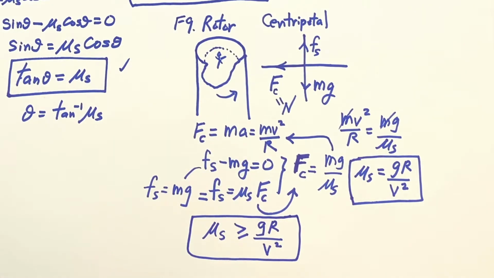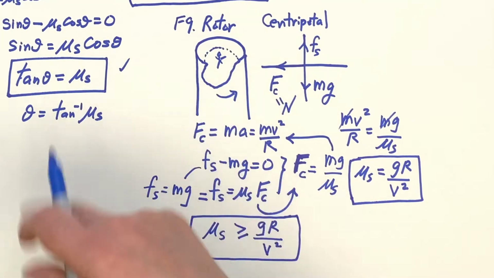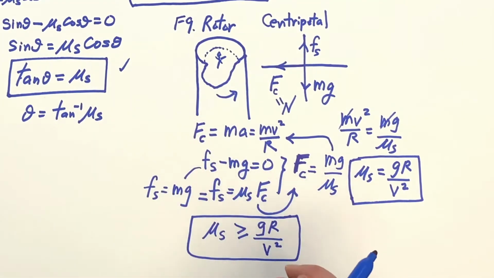Notice that this result doesn't depend on the mass, which means it happens to be true for all people, regardless of their weight. But it does depend on the planet, the speed that you're going along the circle, and the radius of curvature.